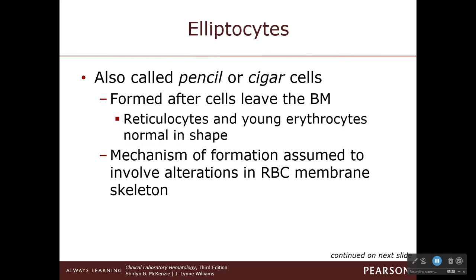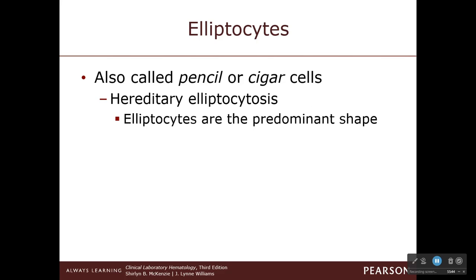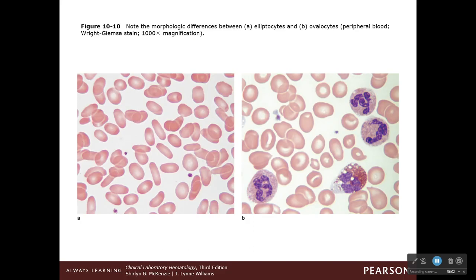But then they bounce back like they're supposed to, but sometimes they don't. Okay? Our spleen should get rid of them, but sometimes it doesn't. But there is a disorder, a genetic abnormality that's called hereditary elliptocytosis. When you see this, you're going to have elliptocytes as the predominant shape of all the red cells. Okay? All right?